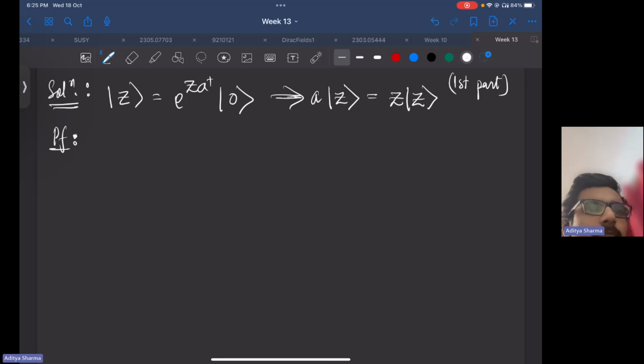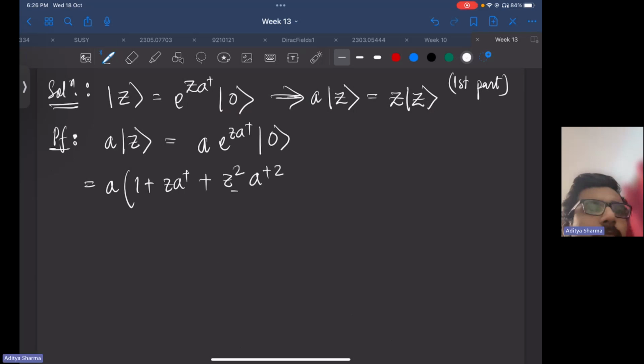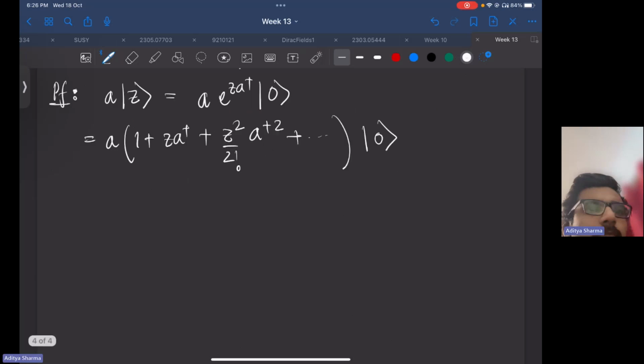So the statement we are making is, suppose this is correct, and we want to show that this follows. So we will look at A acting on Z, and A acting on e power Z A dagger acting on 0. We'll do the series expansion now: 1 plus Z A dagger plus Z square A dagger square by 2 factorial plus dot dot dot acting on 0. Now this is A.